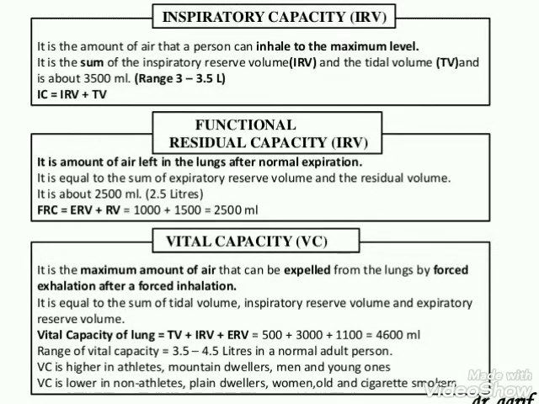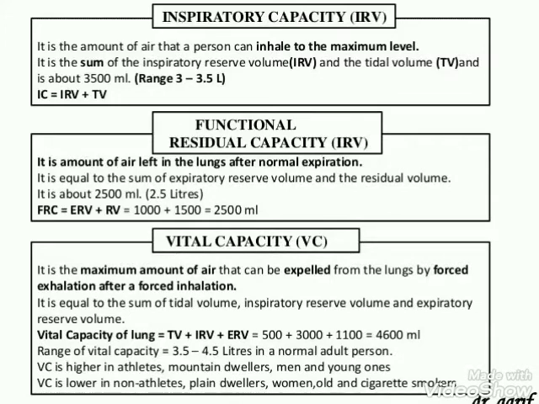Under this, the first one is inspiratory capacity, IC. It is the amount of air that a person can inhale to the maximum level. It is the sum of inspiratory reserve volume and tidal volume, and it is approximately 3500 ml. So IC is equal to IRV plus TV.